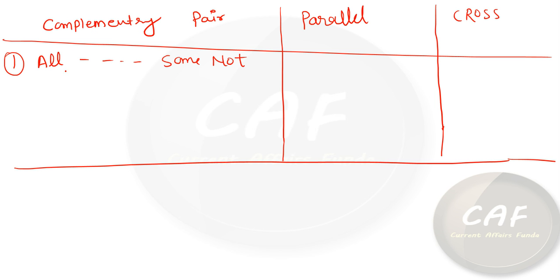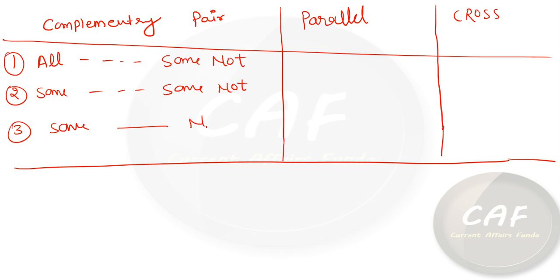Either-or will work with all and some not. Second, it will work with some and some not. And third, either-or works with some and no. These are the only three conditions where you can use either-or.